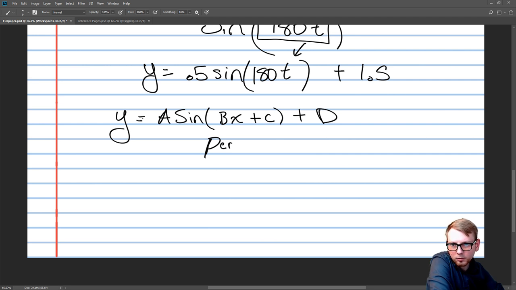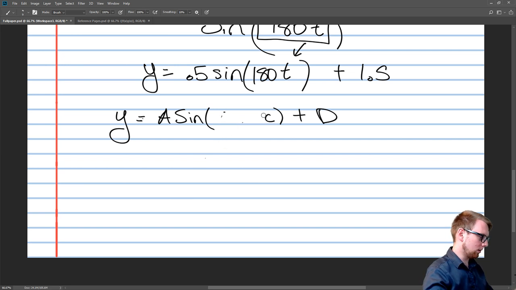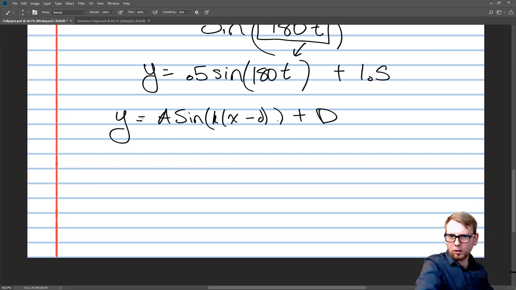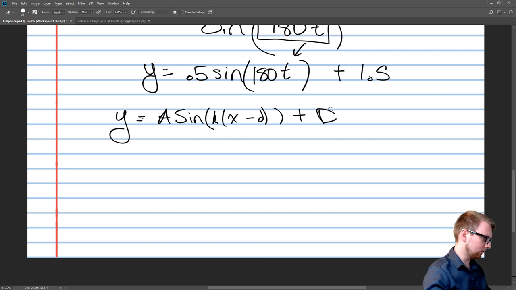You write it like this: a sine of k times x minus b, plus c.